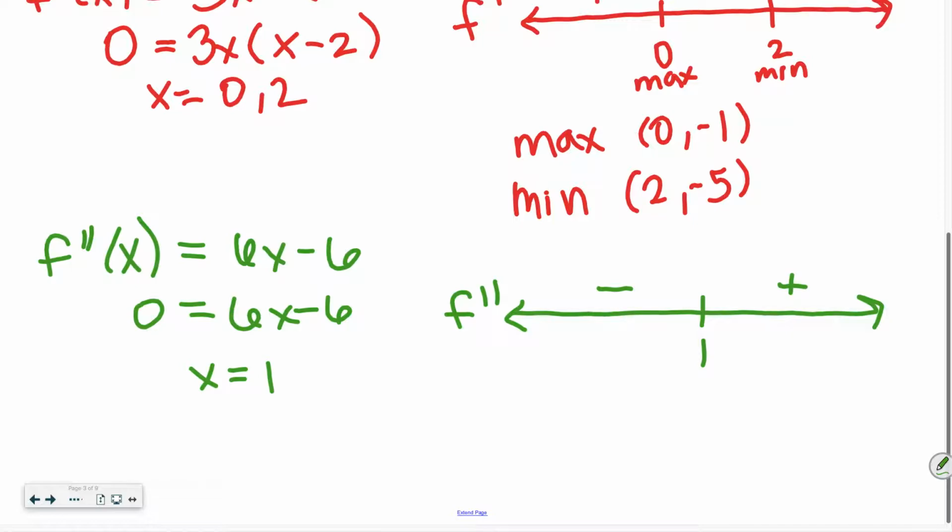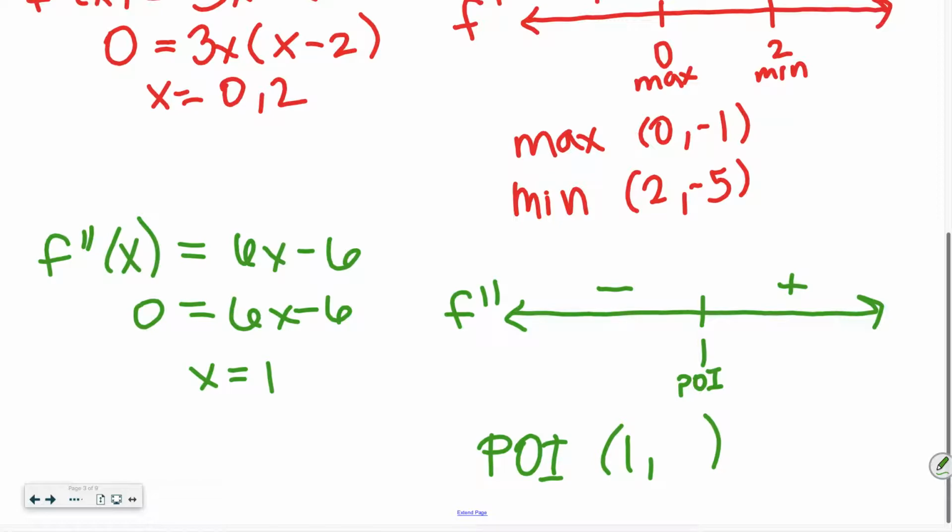So let's analyze this. If our second derivative is switching from negative to positive, what's happening at x equals 1? We have a point of inflection. I'm going to write POI, point of inflection, if that's okay. So our point of inflection is occurring at 1.